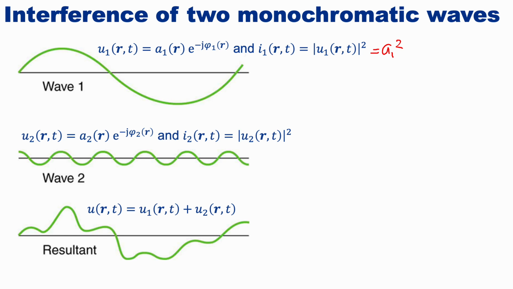We have exactly the same for the second one, where again the intensity is only going to be the square of its amplitude, and the resultant, because they are a coherent superposition of the wave functions, is going to be the summation of every wave function.